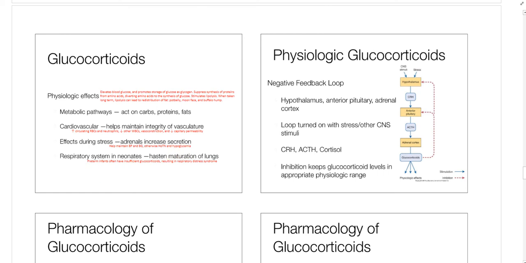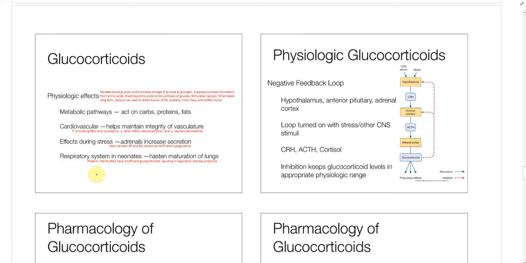And then glucocorticoids are also important as a physiologic dose on their own, normally from the adrenal glands, in neonates to promote respiratory maturation.